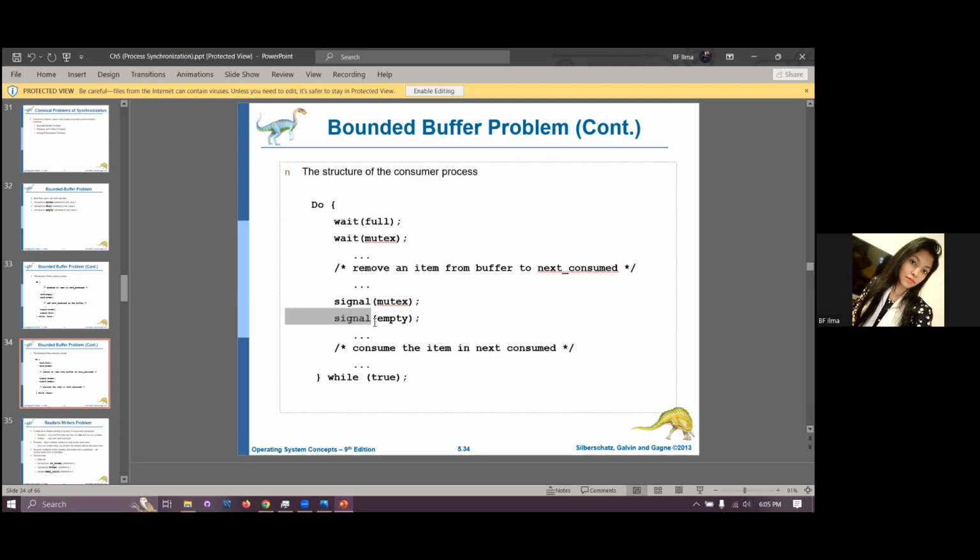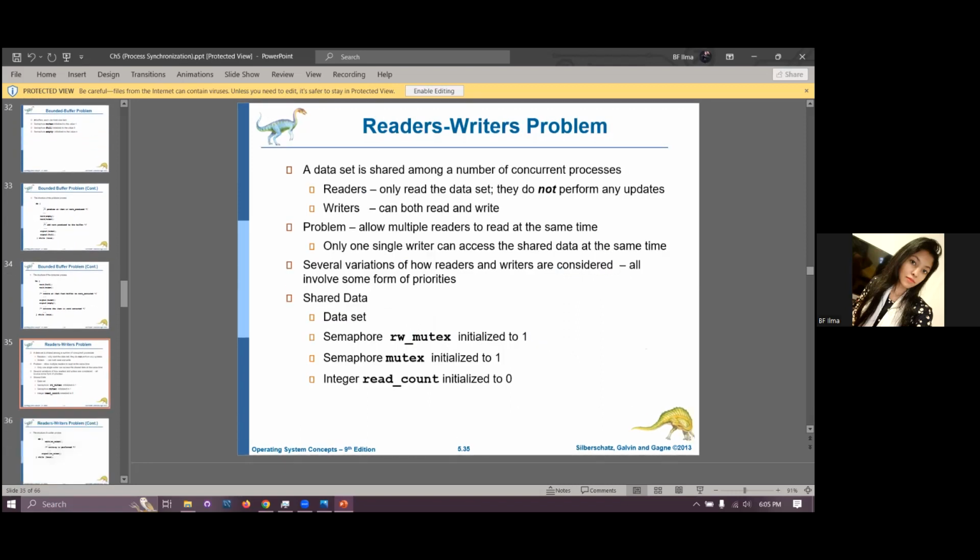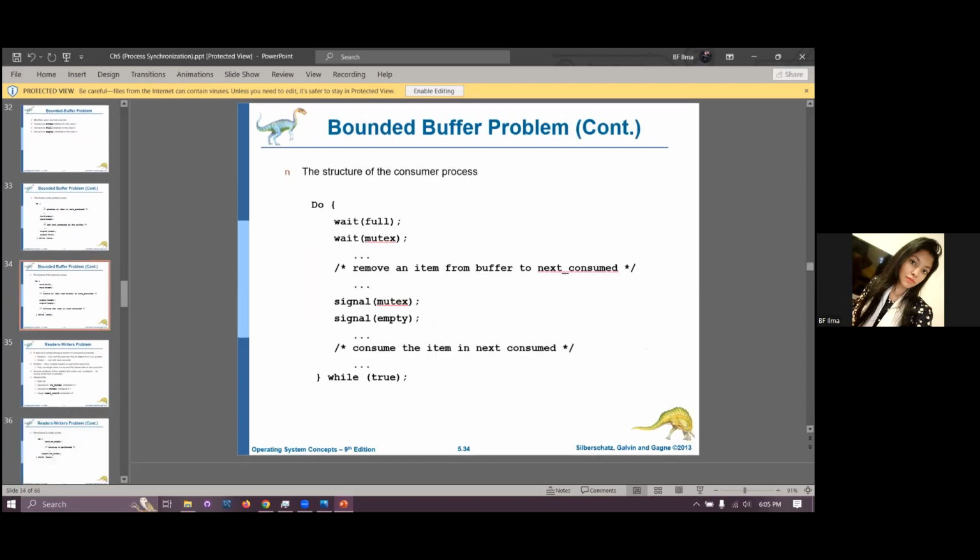And then it signals empty because now we have to increase the empty count. Okay, so that is basically the solution for the bounded buffer problem using the semaphores mutex, full, and empty.